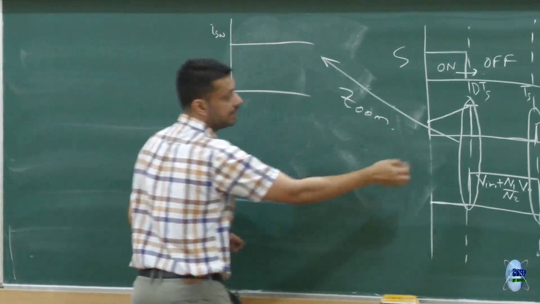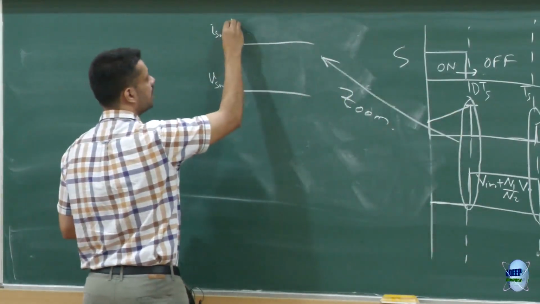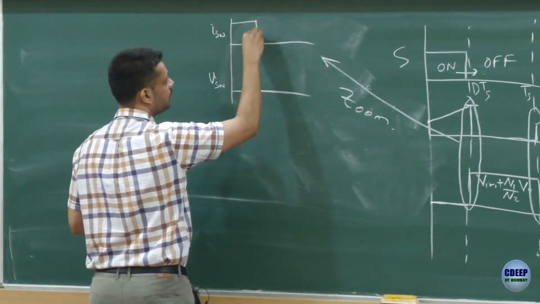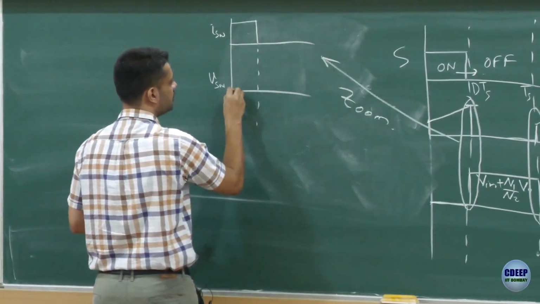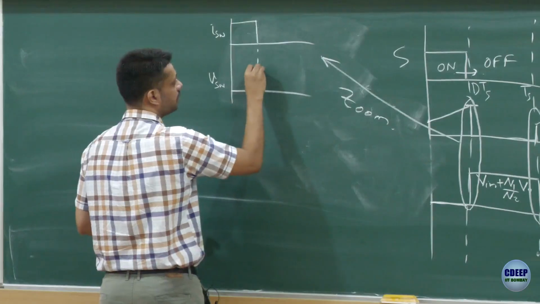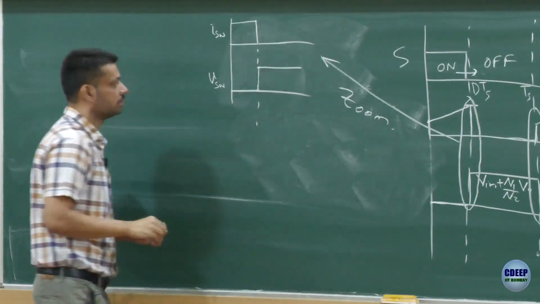I am just zooming into this small part. So there is a switch current and then it becomes equal to 0, and there is a switch voltage which is 0 and it becomes equal to a blocking voltage.